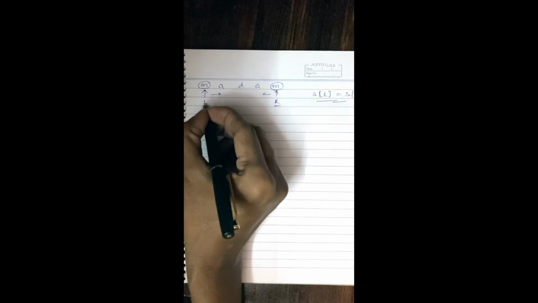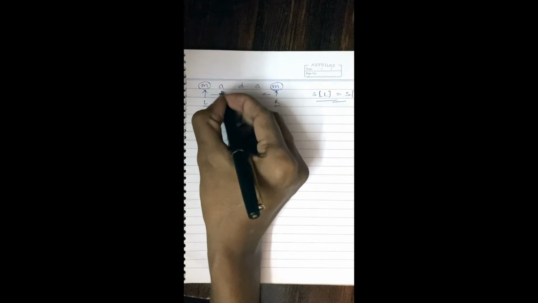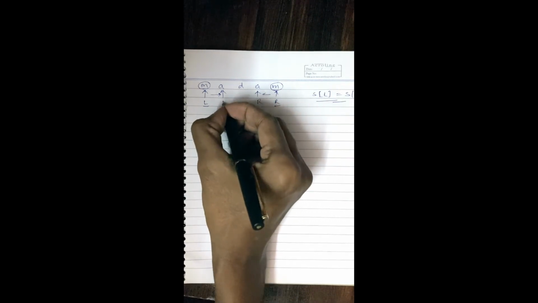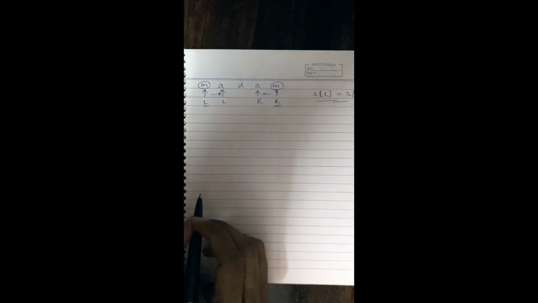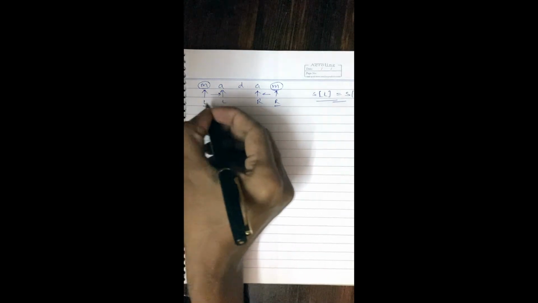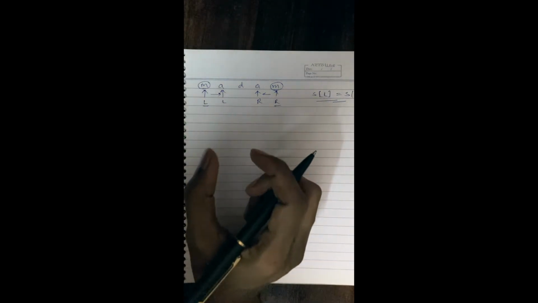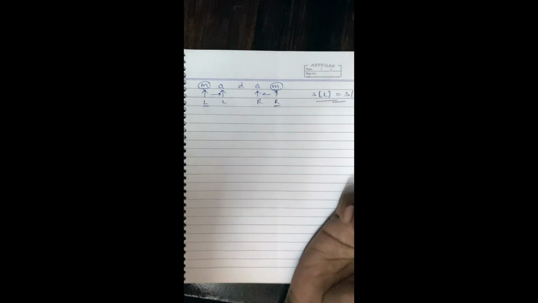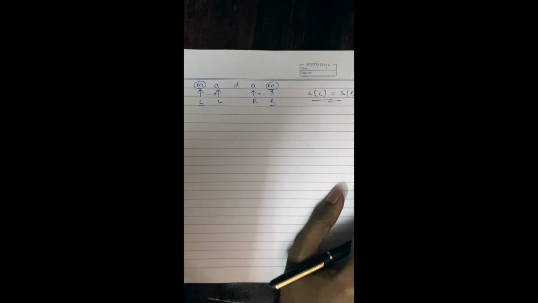We'll move L to point to A and R to point to another A. This is the new position of left and right. We will continue like this, and if they are equal and we don't see any mismatch, the string was a palindrome.